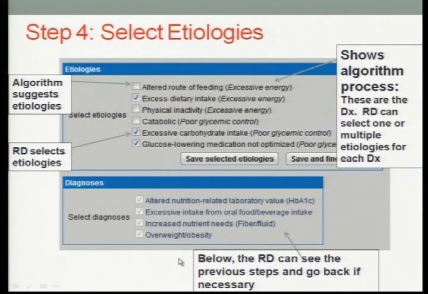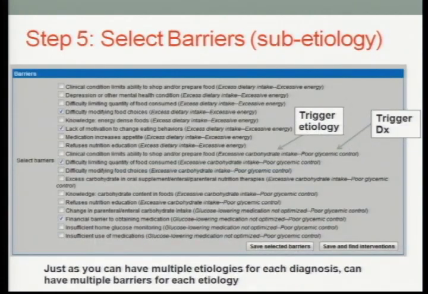And now we have a mechanism where if you go, oh, that's really not what I meant to do, I want to go back and change that, I don't want that diagnosis, you click and you can go backward and redo it. So you're not locked in anymore. For a while you were locked in, but we've changed that. So here's the list of barriers. You can see the more diagnoses you select, the more expanded it becomes.